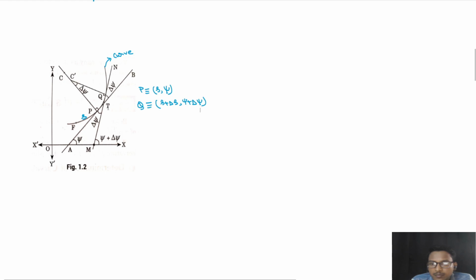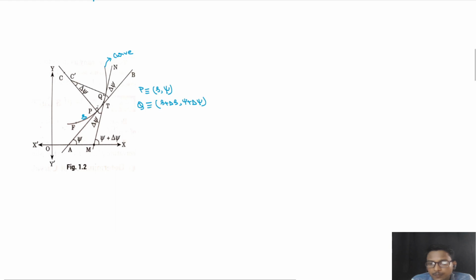Then how to measure this curvature? What we want to mean by curvature is that although the given curve may not be a circle, if Q is close enough to P, then the segment PQ of the curve we can think of as a portion of a circle.